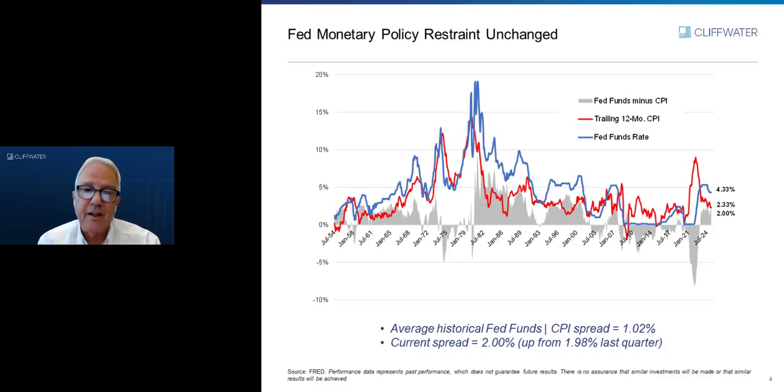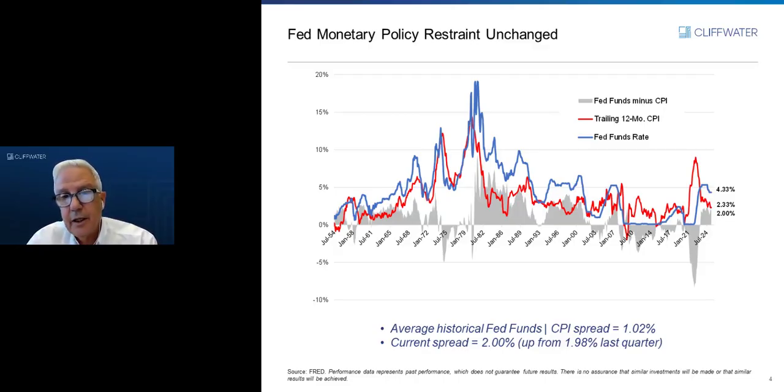So if Fed funds stands at up to 1% above inflation, we feel that's neutral. The fact that it's doubled that at 2% means Fed policy is restrictive, and it's a little bit unusual given that inflation is seemingly under control.